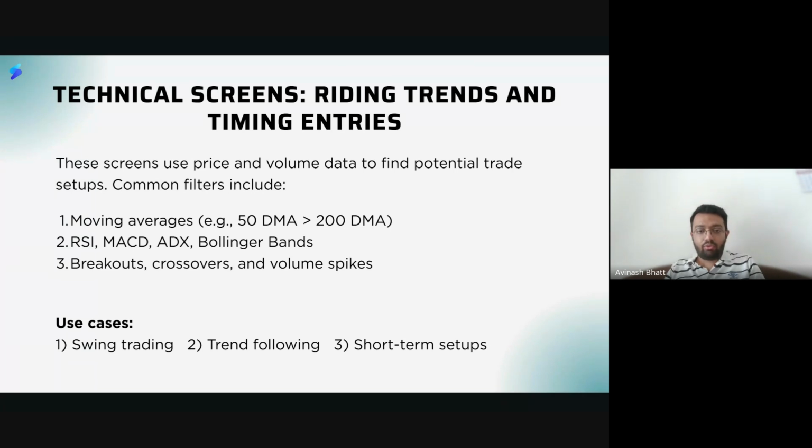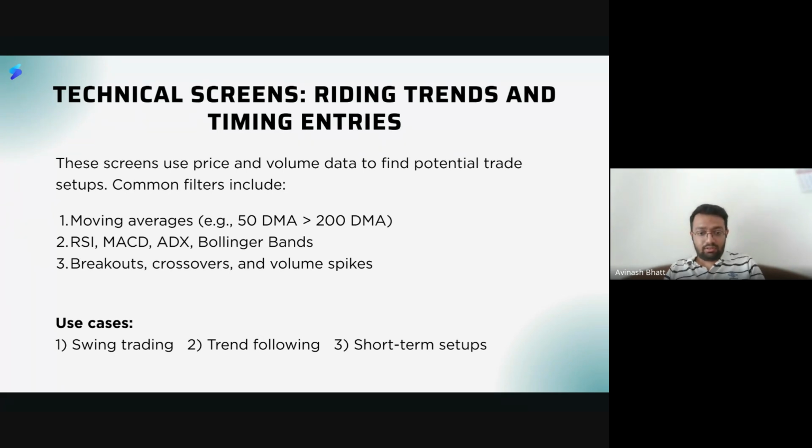Here, what you will be doing is using multiple metrics and functions available to you. So there are moving averages. You will be using metrics and functions like RSI, MACD, Bollinger Bands. You will be looking for breakouts. You'll be looking for crossovers, so EMA crossovers, or you will be looking for volume spikes, right?